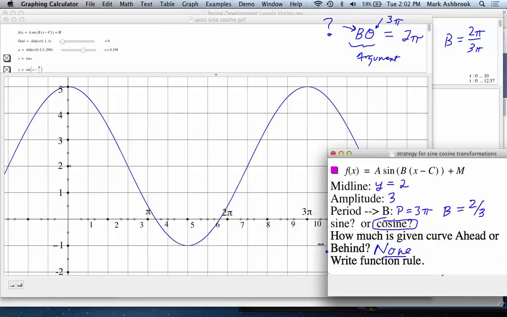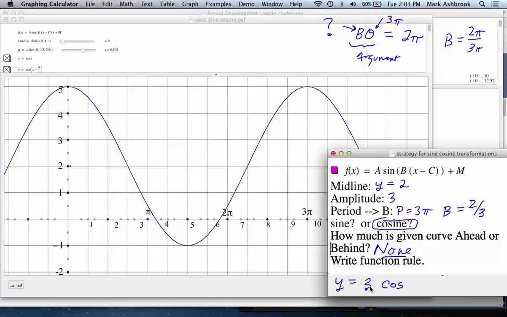y equals, anyone, Patrick, did you get that? Can you do it on the fly? So here's our general form. Cosine. Three.